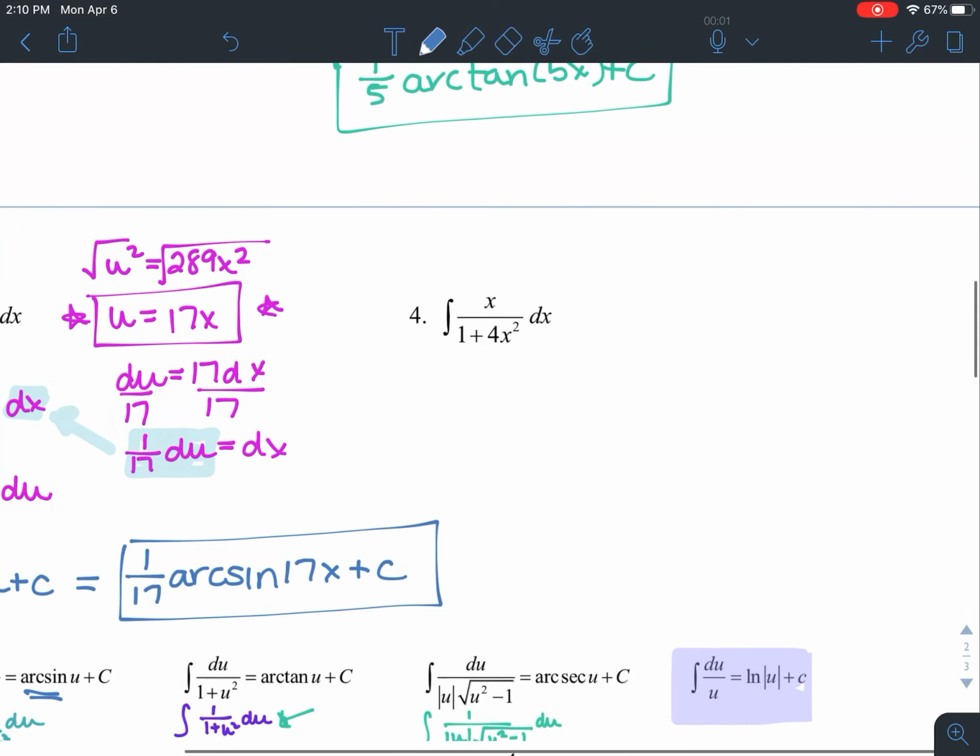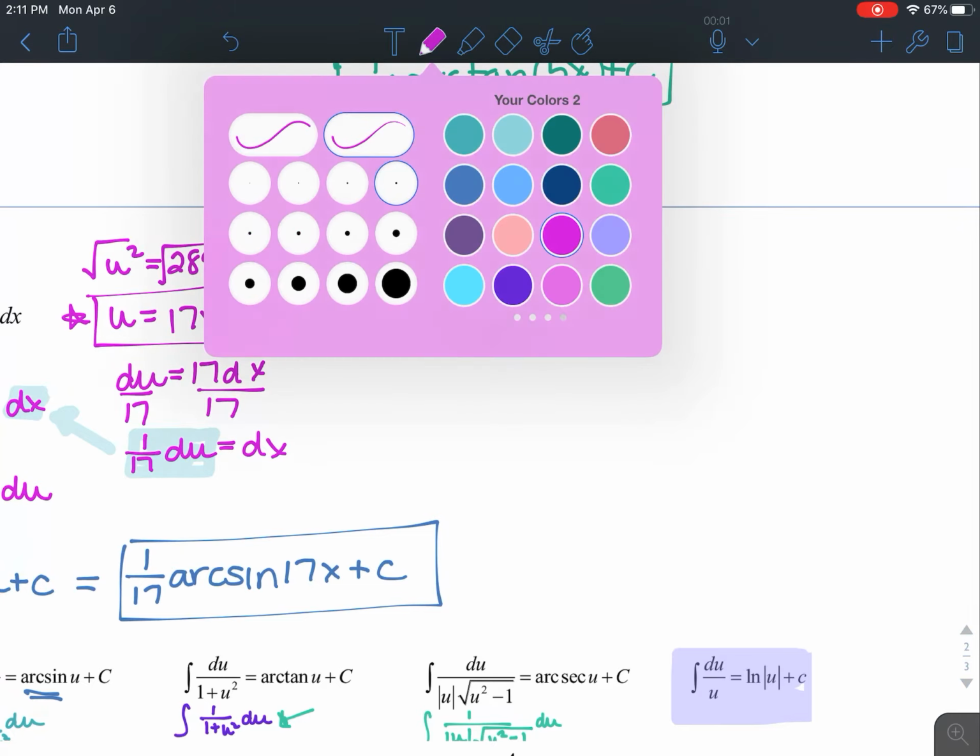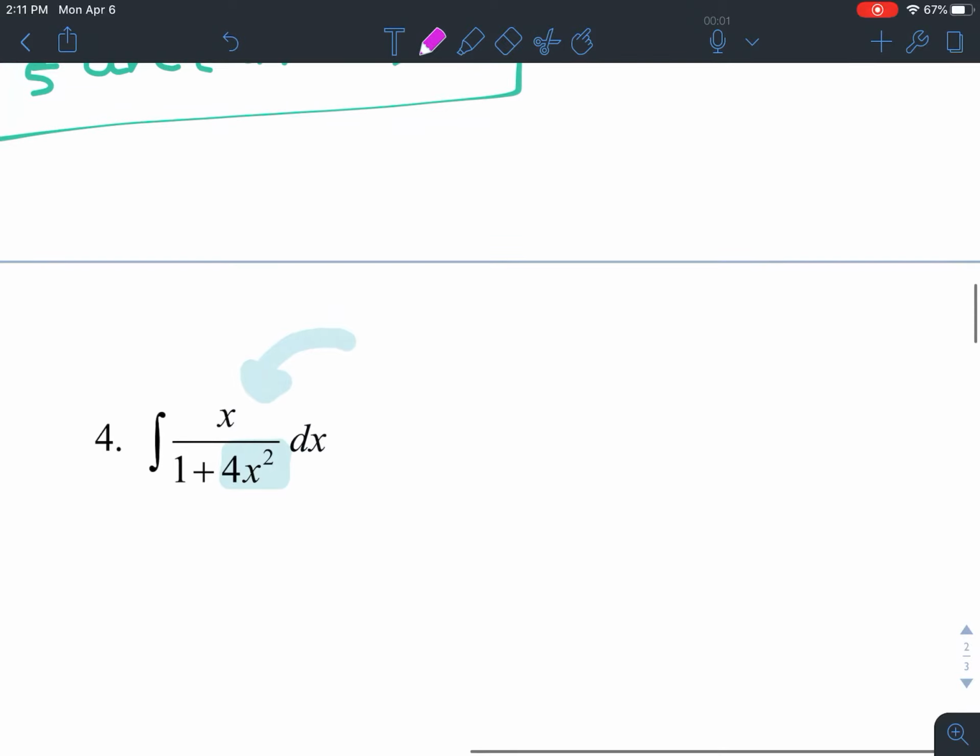All right, let's look at the next one. Okay, I see what my u squared could be. Do I have a 1? Ooh, I do not have a 1 up top. Nor do I have a number up top. That is a huge indicator.